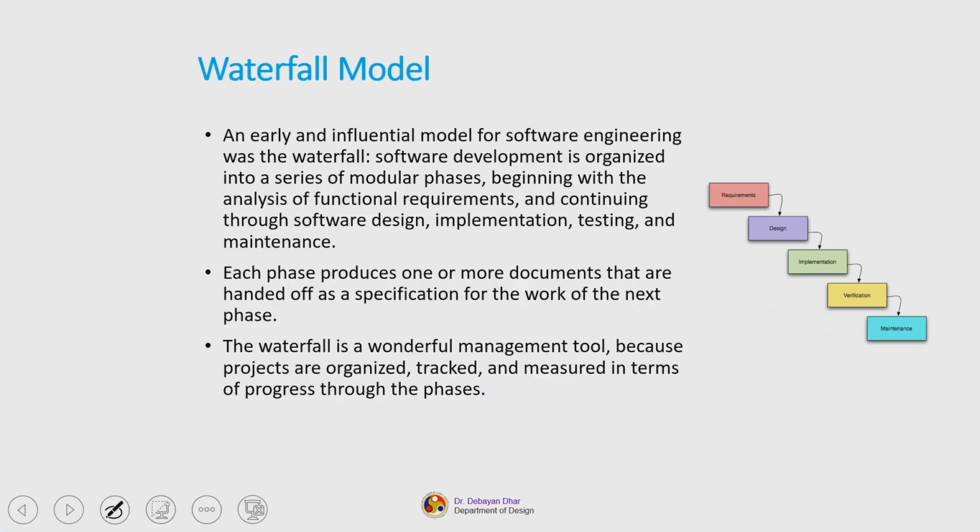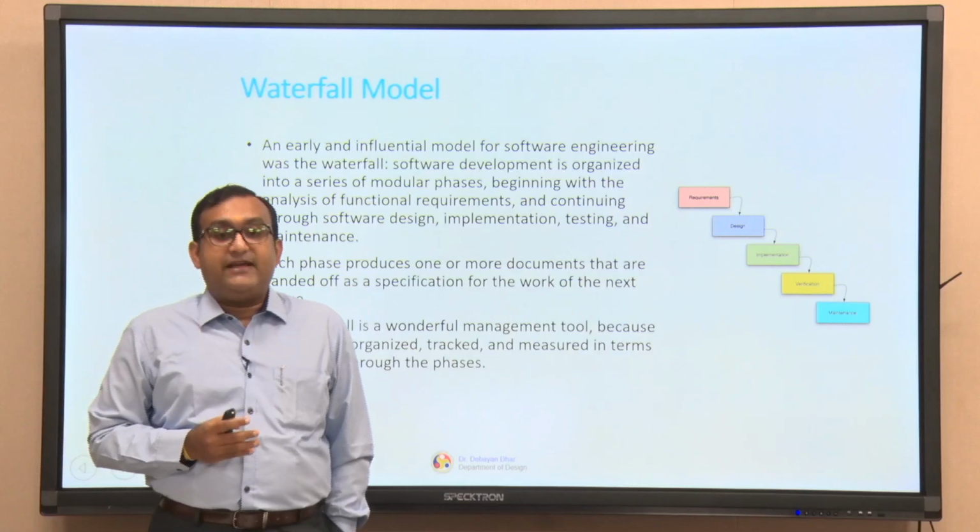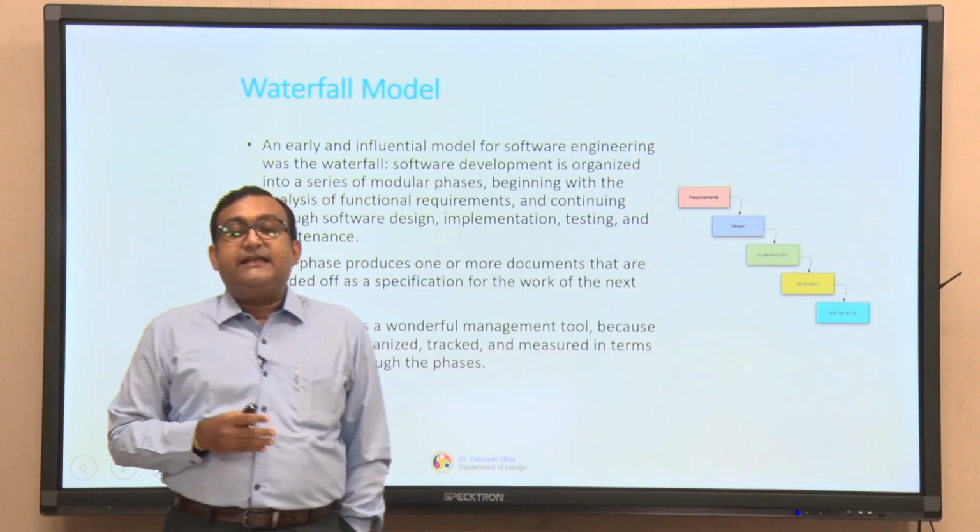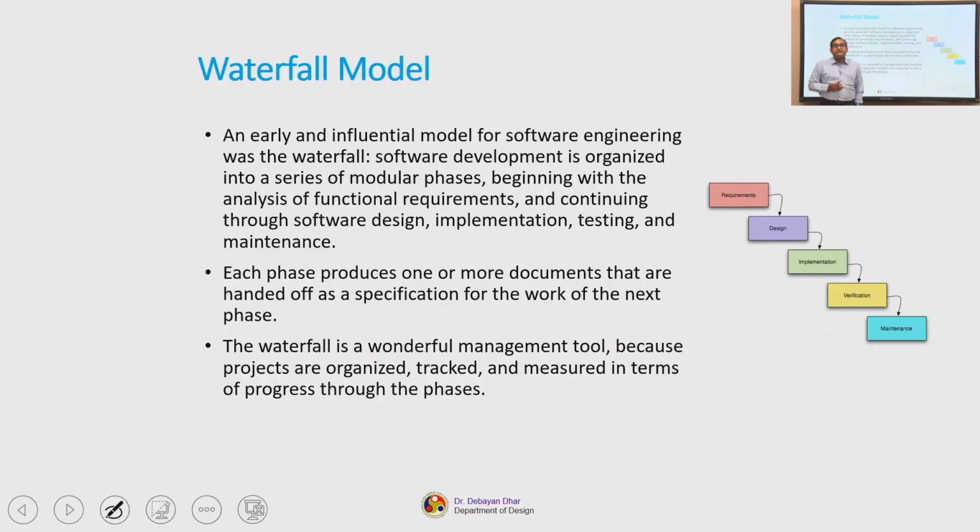An early influential model for software engineering was the waterfall model. Software development is organized into a series of modular phases, beginning with the analysis of functional requirements and continuing through software design, implementation, testing and maintenance.